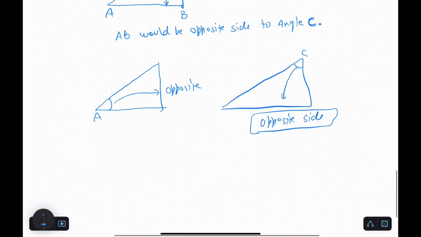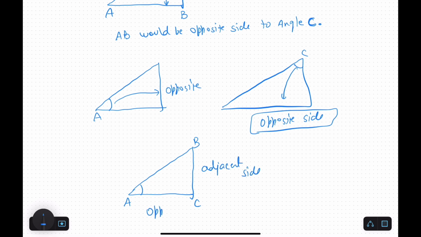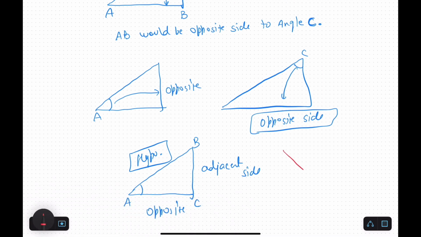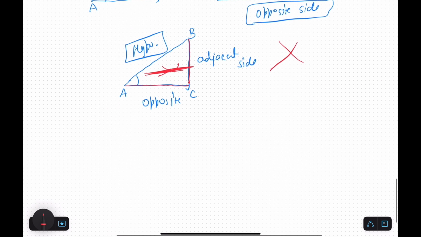If I write it in this manner, this is A, this is B, this is C, this is the adjacent side, this is the opposite side, this is the hypotenuse, is it right? No. Why? Because the adjacent side is this one and the opposite side is this one, which is facing it.